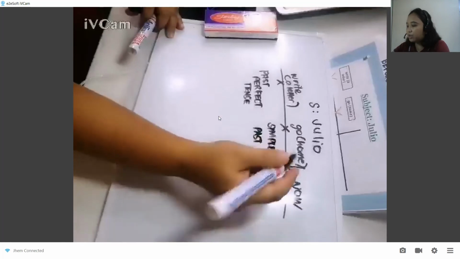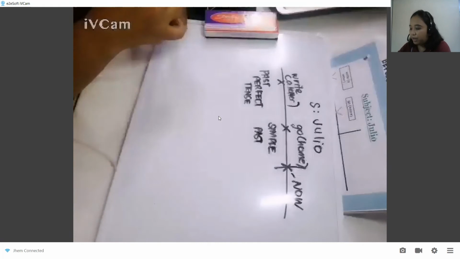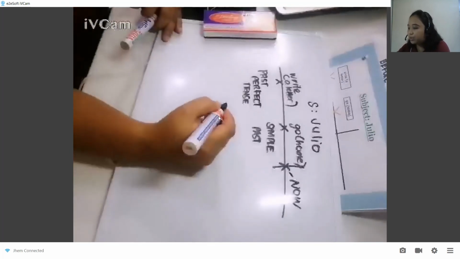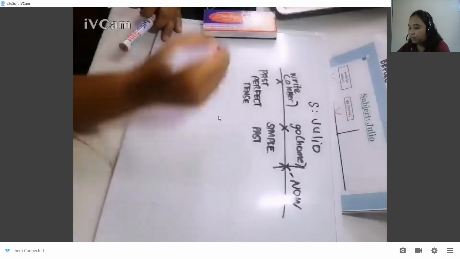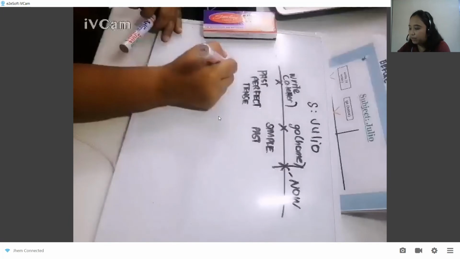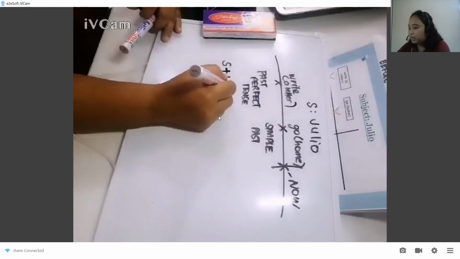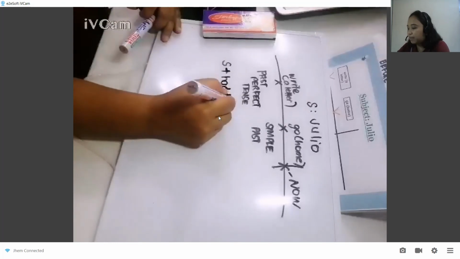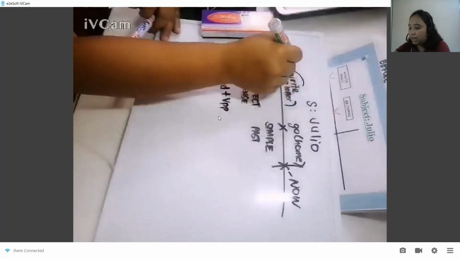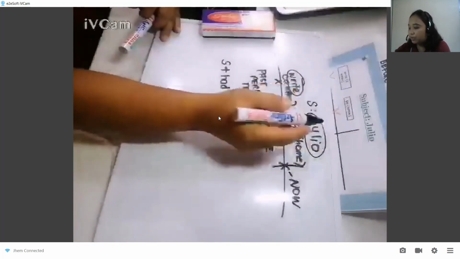Now let's try constructing a sentence using this illustration. All you have to do is remember the structure. Let's use the conjunction before. So in forming the past perfect tense, as we've discussed, you write the subject plus the auxiliary verb had plus the past participle form of the verb. In this case, your verb is write. Your subject is Julio.